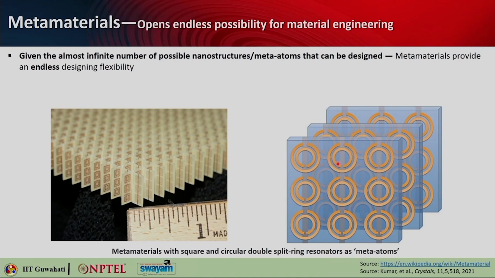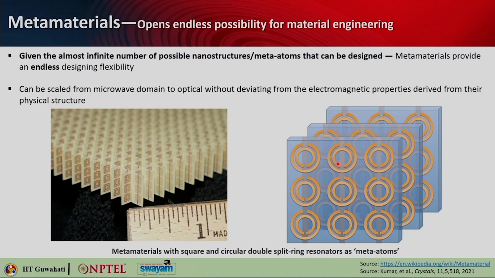Each of these will have different properties, different scale, depending on the frequency range or wavelength scale they are supposed to work on. And this metamaterial concept is the same for all the domains, from the microwave domain to the optical domain. So you can design metamaterials without deviating from their electromagnetic properties.